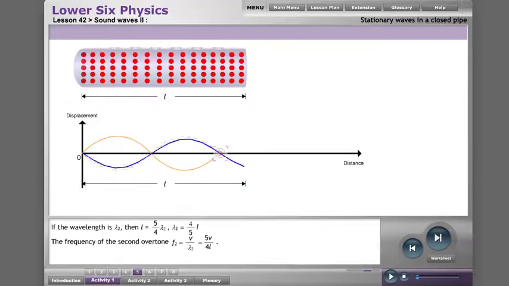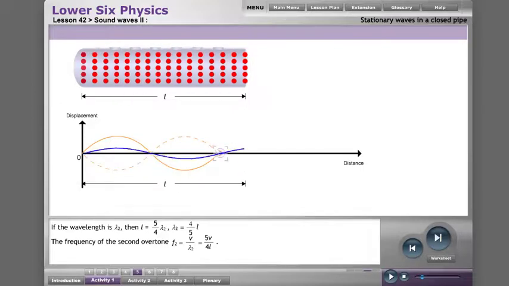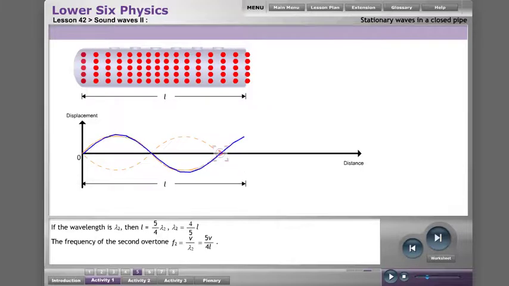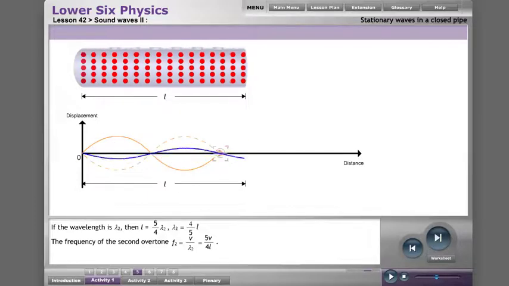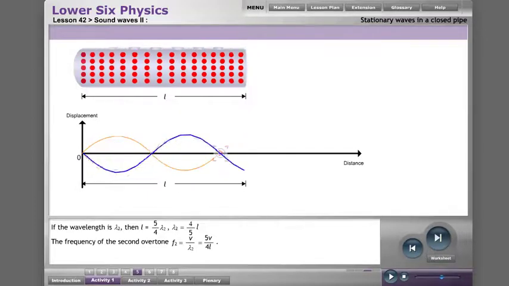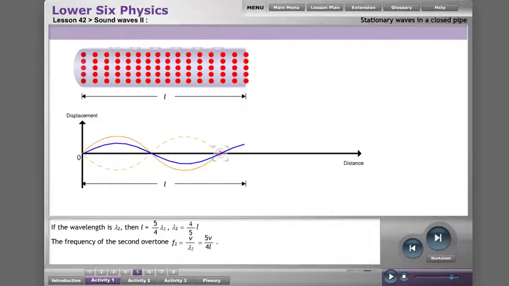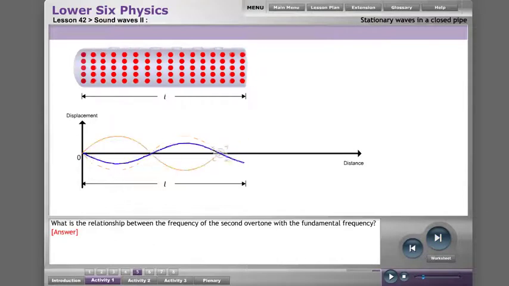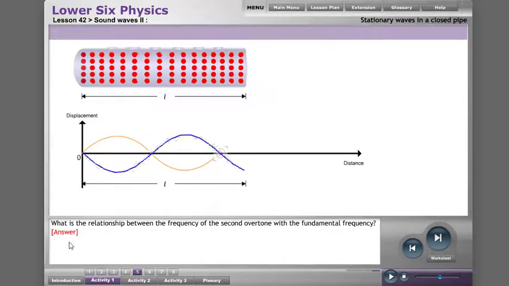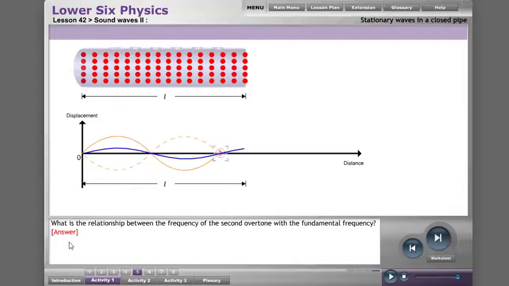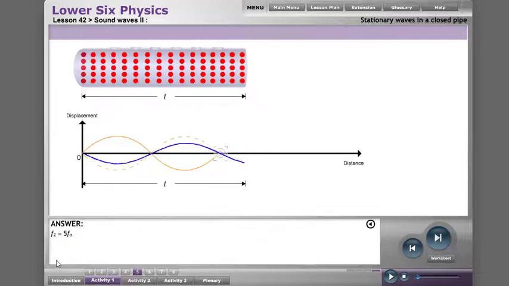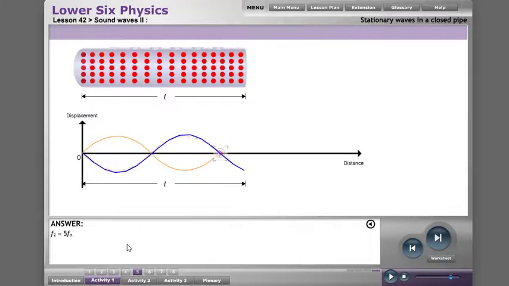If the wavelength is λ2, then L = (5/4)λ2, which implies λ2 = (4/5)L. The frequency of the second overtone, f2 = v/λ2 = 5v/4L. What is the relationship between the frequency of the second overtone and the fundamental frequency? Answer: f2 = 5f0.